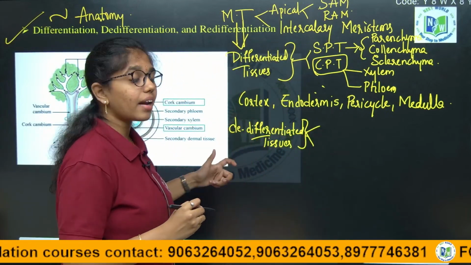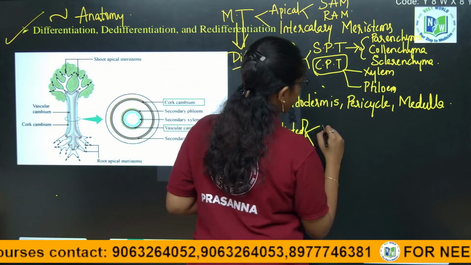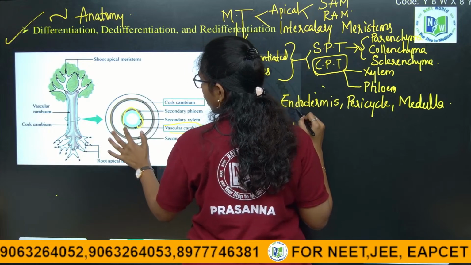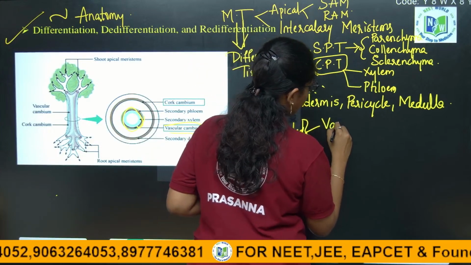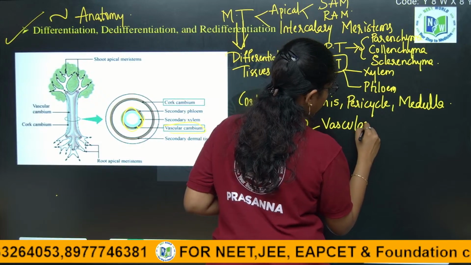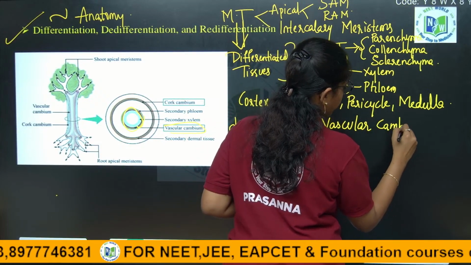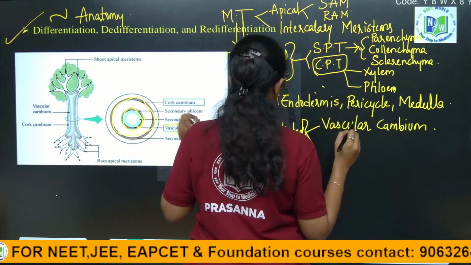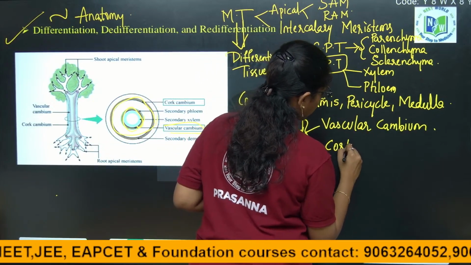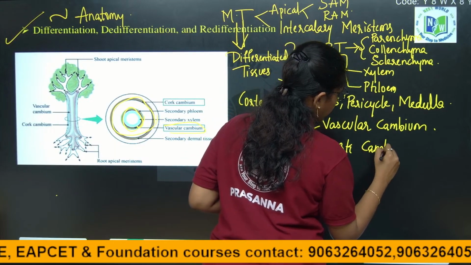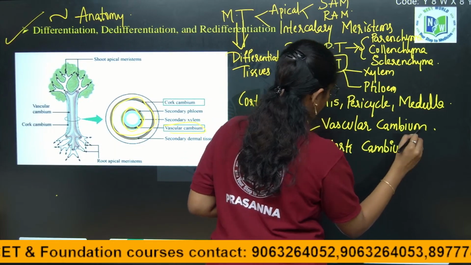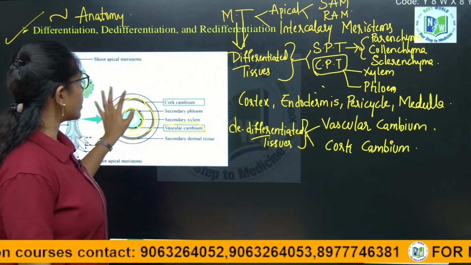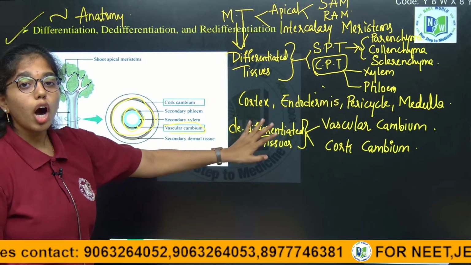In the stellar region, you can find vascular cambium. In the cortical region, you can see cork cambium.